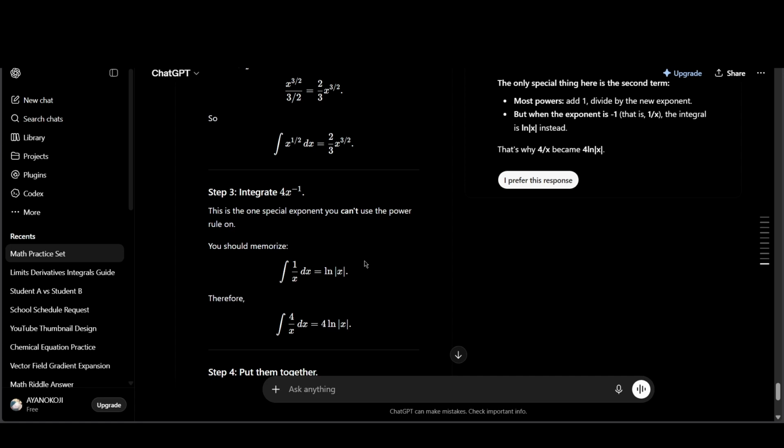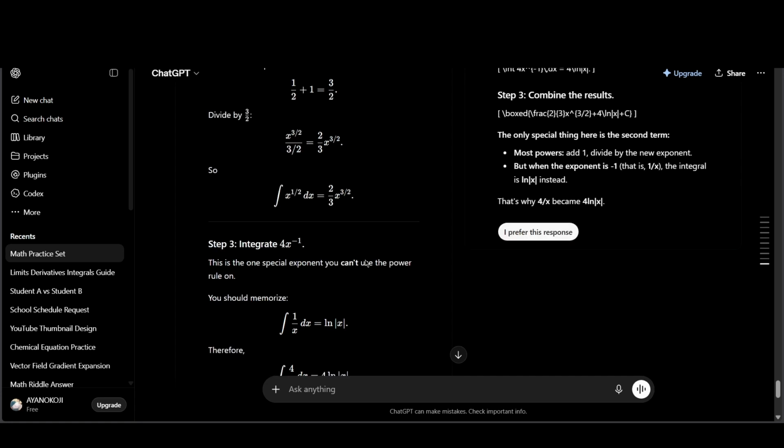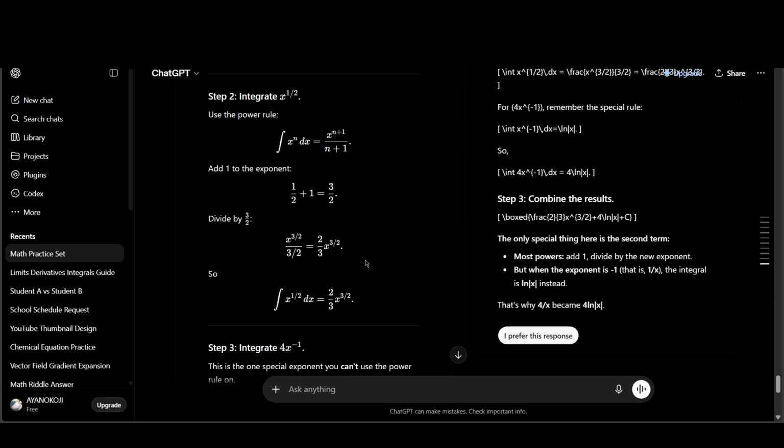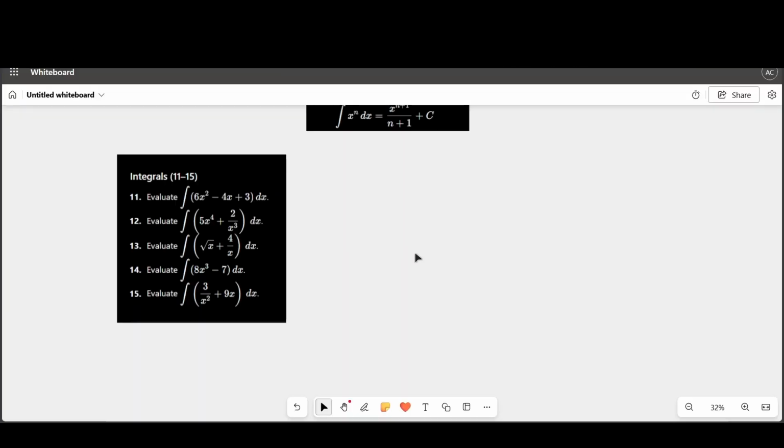Oh, shame. Let me try this. I didn't read the whole thing. I was just reading the overview on how to do this exactly. So first we have to do a power rule.